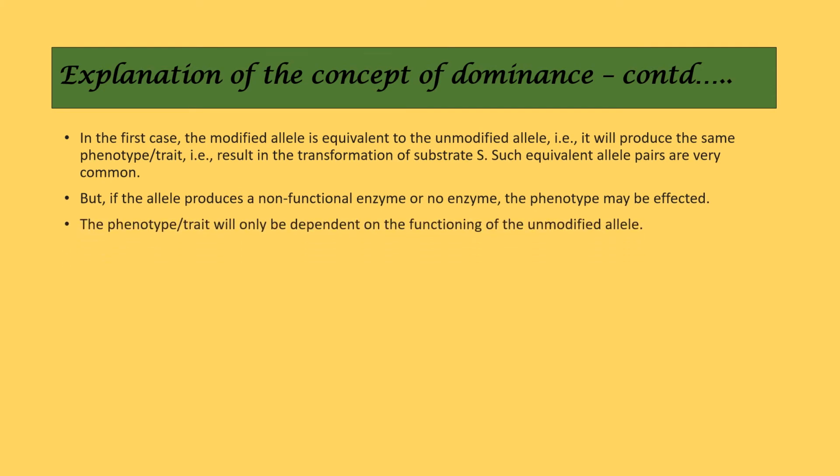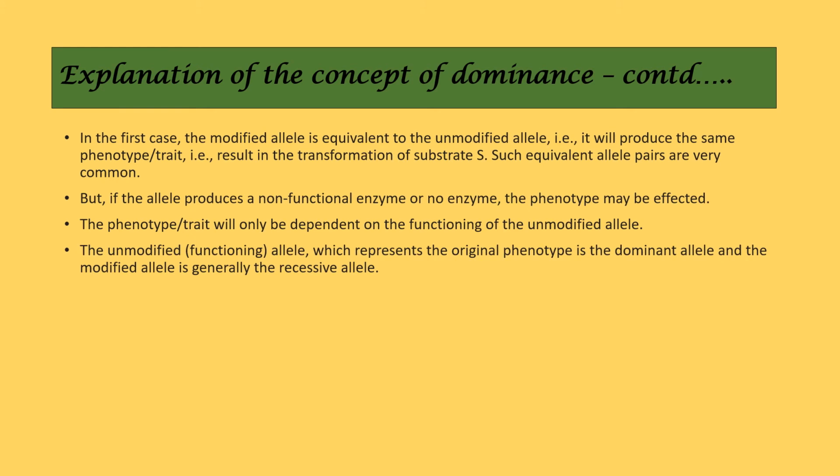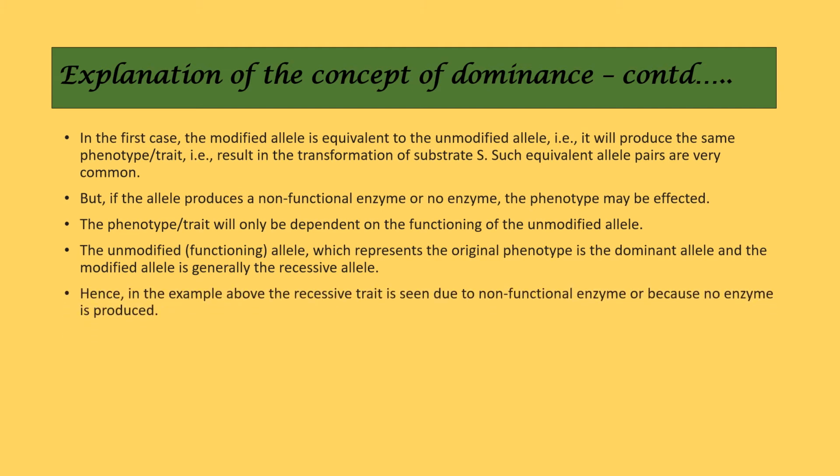The phenotype or trait will only be dependent on the functioning of the unmodified allele. The unmodified allele, which represents the original phenotype, is the dominant allele, and the modified allele is generally the recessive allele. Here, in the example above, the recessive trait is seen due to a non-functional enzyme or because no enzyme is produced.